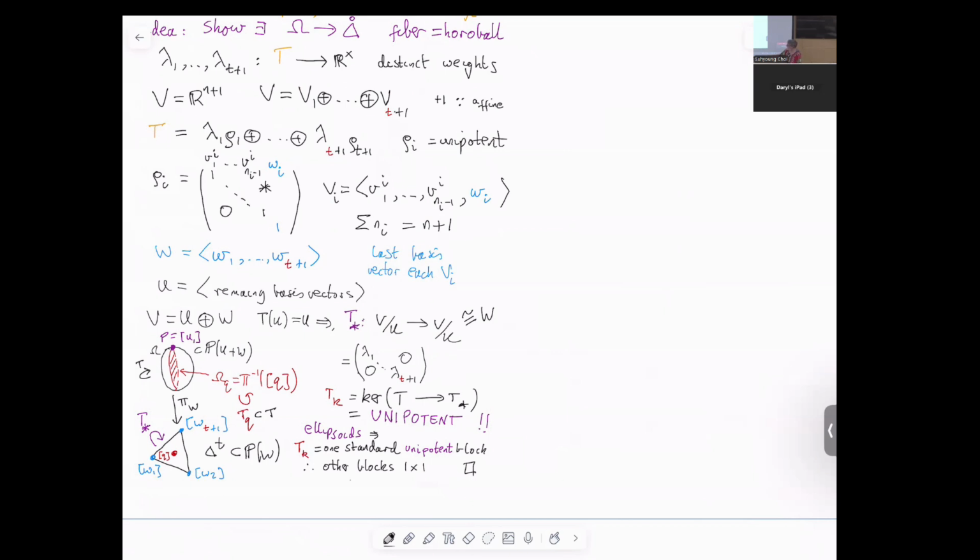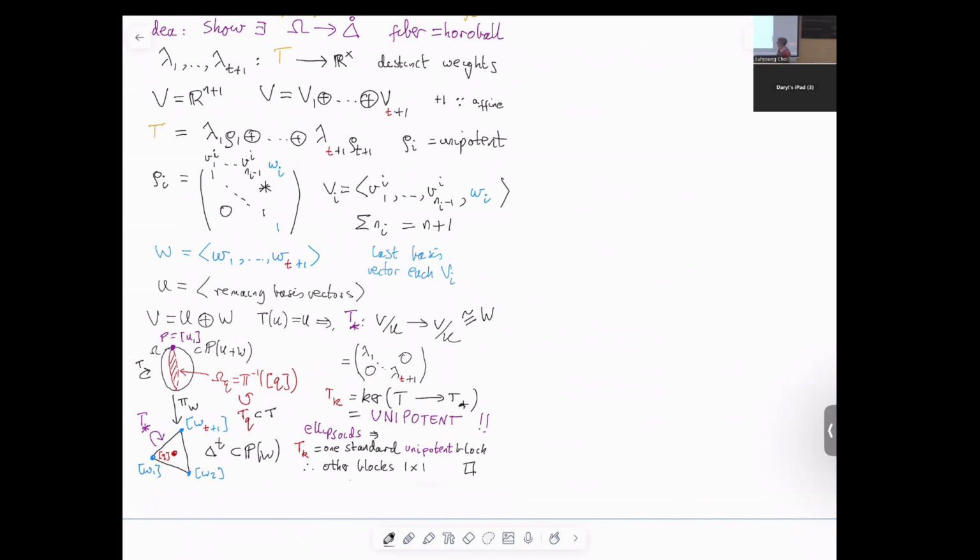If you take the preimage of a point in this simplex, that's going to be the intersection of the domain with a projective subspace. And if we take the stabilizer of that projective subspace in this group, I've called that subgroup T sub K, K for kernel. We've got the kernel of the map from T to T star. That group is unipotent.